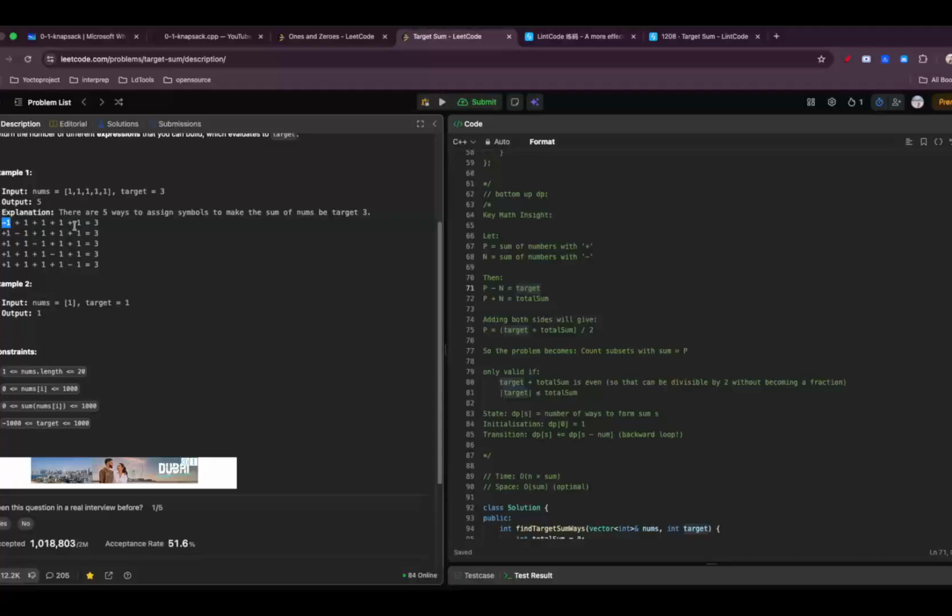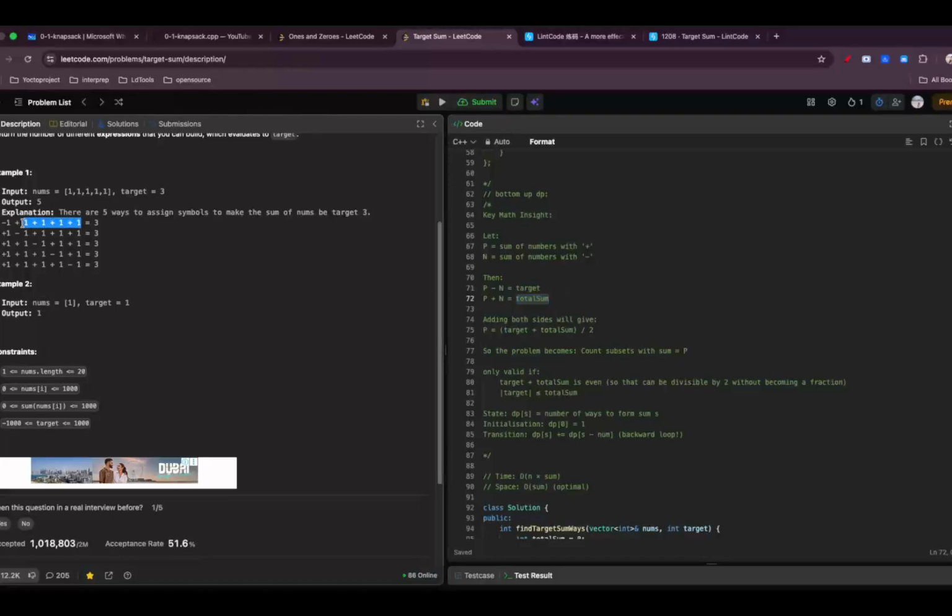So if we have them the way they are, positive with the plus sign and negative with the negative sign, then we get our target. If we add both of them, then we get our total sum, because if we take all the positive numbers and all the negative numbers, just the numbers without their signs, and add them up, we get the total sum.